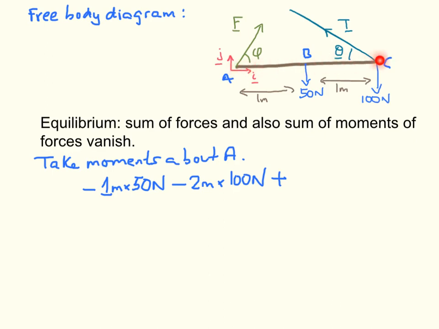So the distance is again 2 meters. And then it's going to be the component of T that acts vertically upwards, and I'm going to call that T sub y. So it's times T sub y, and this has to equal 0. And this is the equation that is going to tell us what this component is.